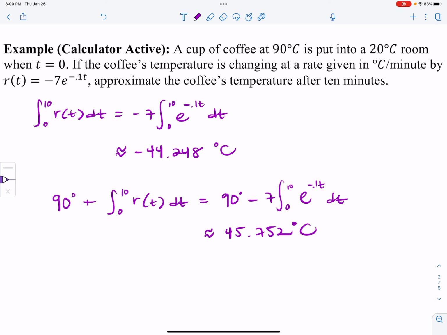So this would be the actual net change in temperature from 0 to 10 minutes, and then this is the actual temperature at 10 minutes, or after 10 minutes, which is what the question was asking.